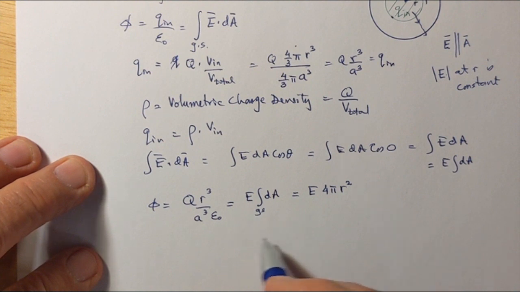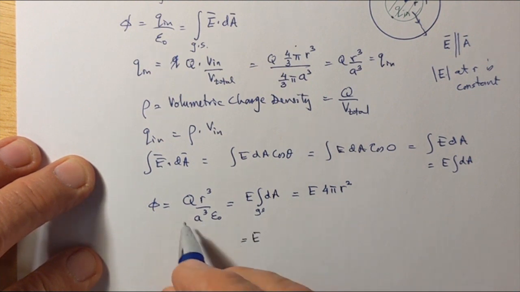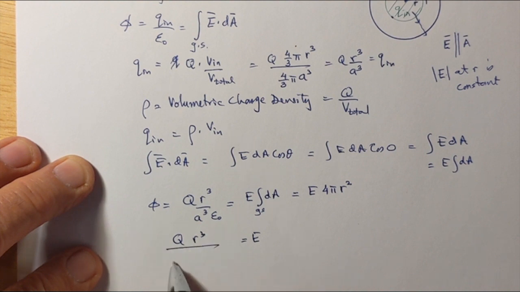And so our E is going to be Q r cubed over A cubed epsilon naught, divided by 4 pi r square.